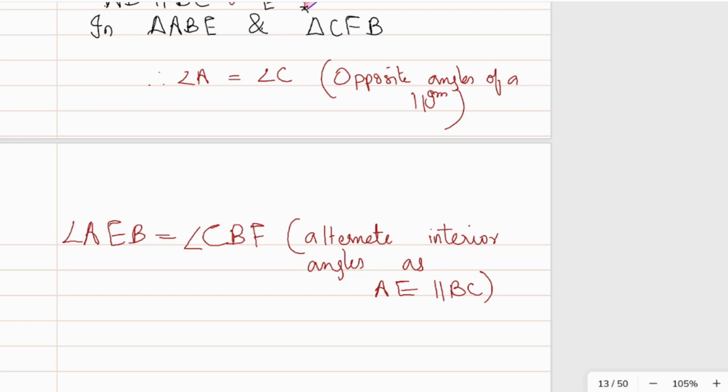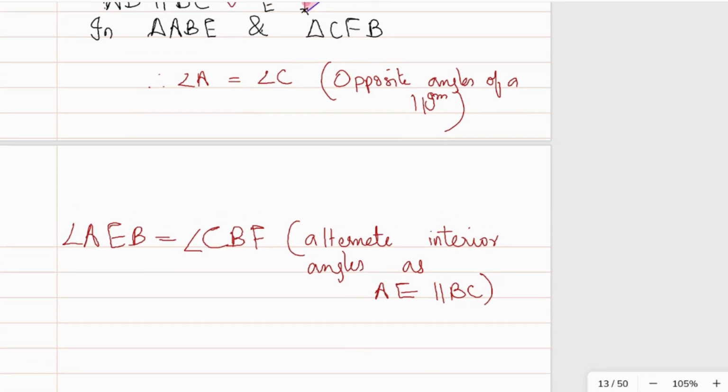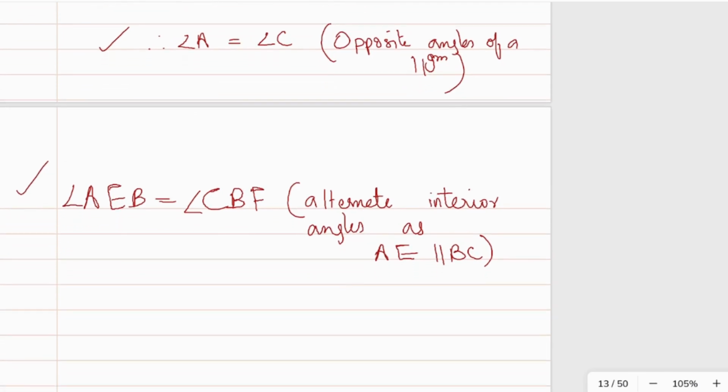Now look, I got two things. The first one is this one, and the second condition is this. Since it satisfies two conditions, I can tell that these two triangles are similar. Yesterday we told that if we are able to prove two angles like this, we can tell they are similar by using the AA criterion.